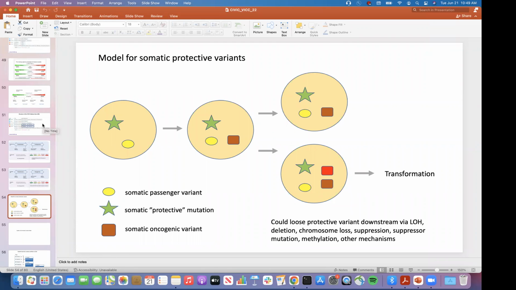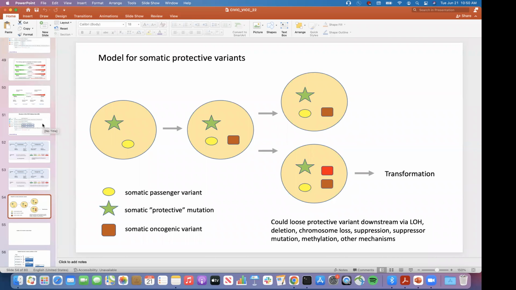Yeah, I think the concept here is very similar to when you have EGFR variants in a lung tumor, and you have multiple. It's similar, but it's different. You have multiple sensitizing variants in EGFR.